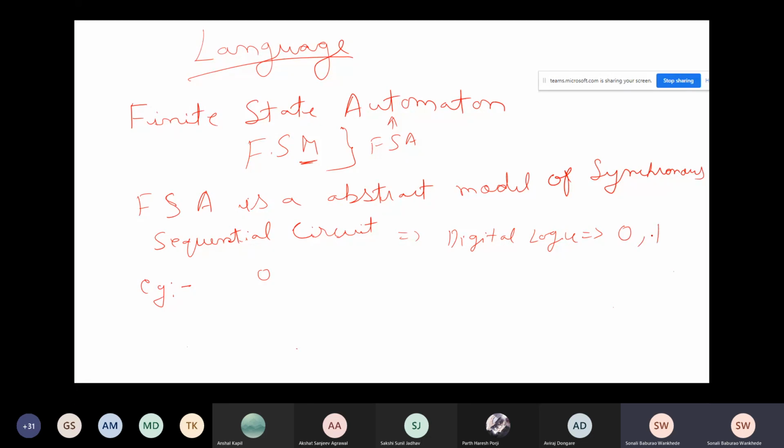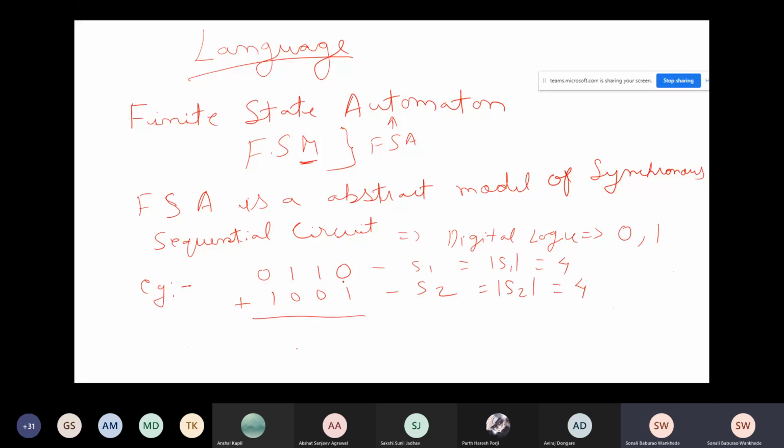So your information is given in a binary form. Suppose I have two strings, S1 and S2, and I have to perform addition of these two strings. The length of S1 is equal to 4 and the length of S2 is also equal to 4.